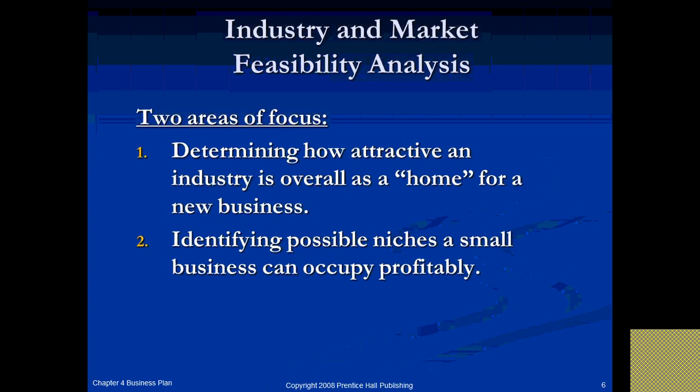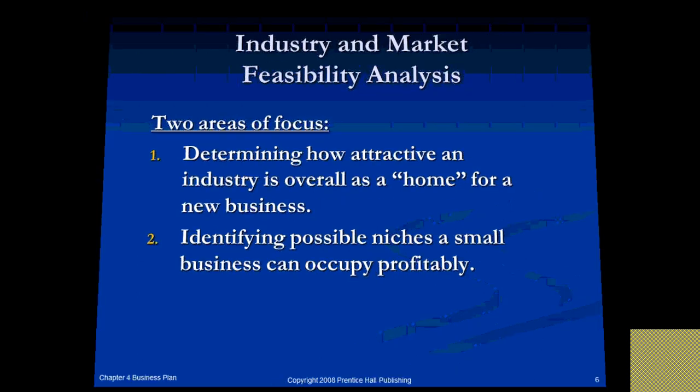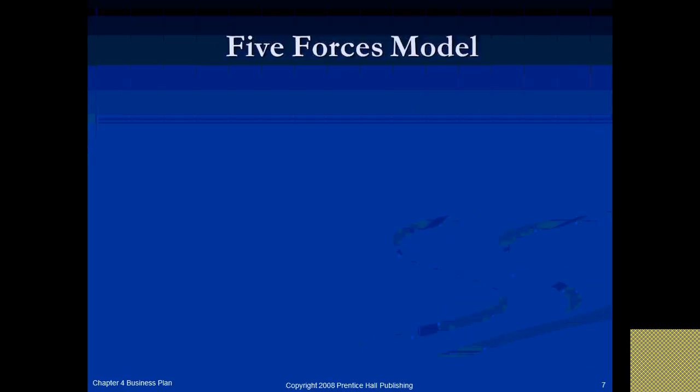So we need to know how attractive the industry is overall for us, so we can have a new business base, a new home for the idea. And we have to look into some small markets, the markets already available in which our products will be profitable.